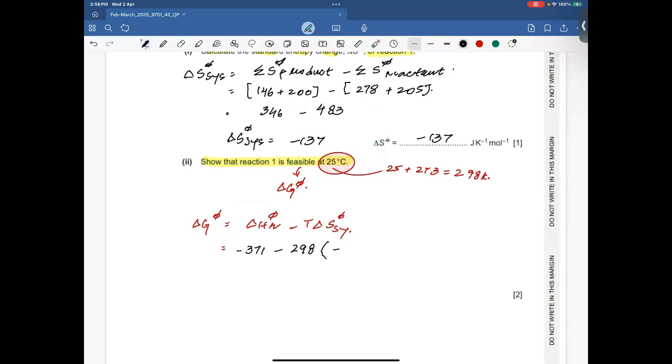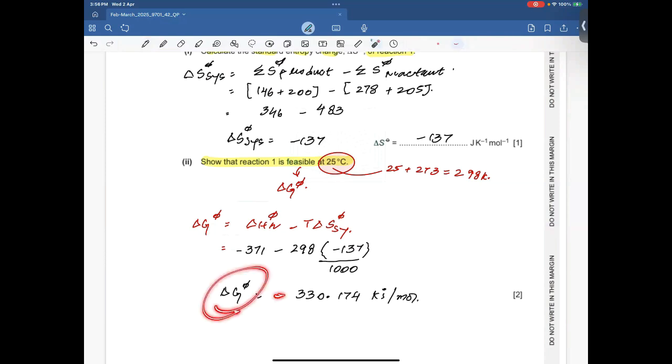Delta H R is given in the equation, minus 371. If delta HR is in kilojoules per mole, delta G has to be in kilojoules per mole, then it means entropy needs to be in kilojoules as well. Temperature is 298 Kelvin. The entropy change of system is minus 137. To convert it into kilojoules, divide by 1000. So I believe delta G naught is going to be minus 330.174. All right, kilojoules per mole. Since the value is negative, which means reaction is spontaneous or feasible.